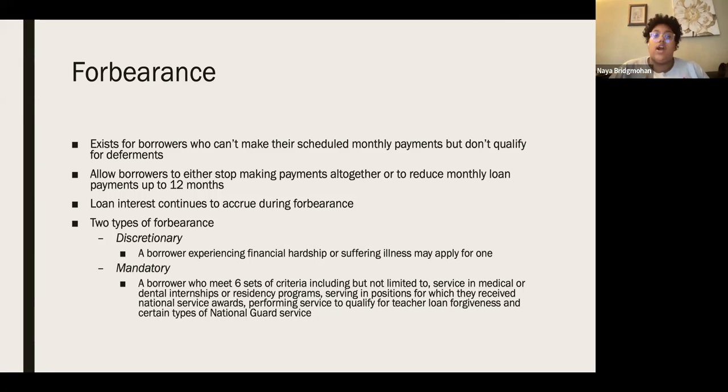Mandatory is for a borrower who meets 6 sets of criteria, including but not limited to service in medical or dental internships, residency programs, serving in positions for which they received national service awards, performing service to qualify for teacher loan forgiveness, and certain types of National Guard service. Any questions on this slide?